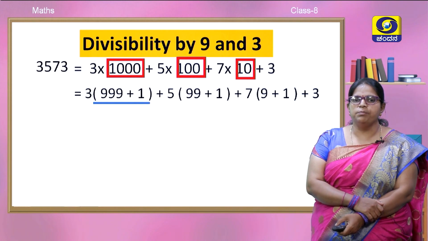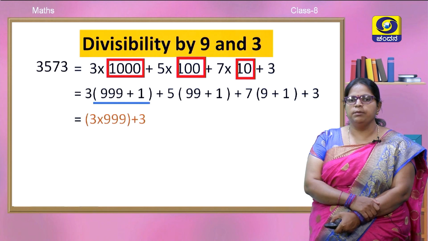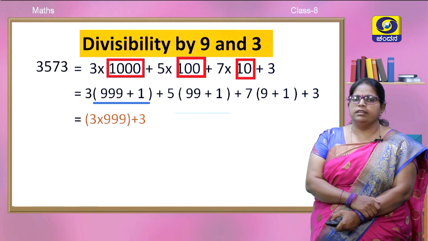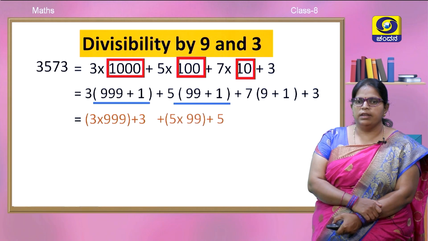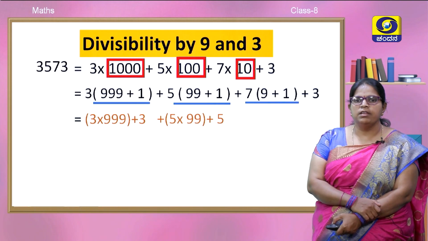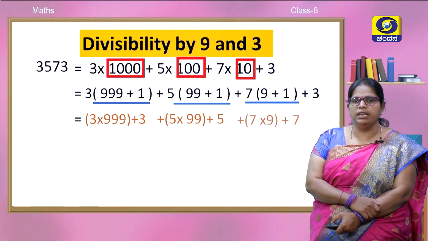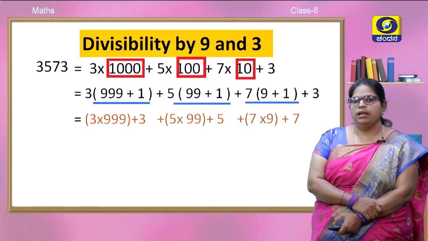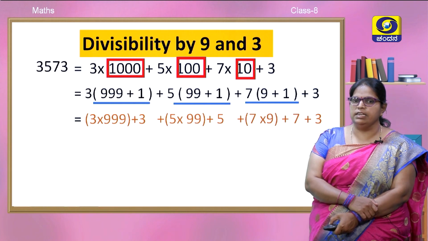The first term becomes 3 into 999 plus 3, and the second term becomes 5 into 99 plus 5, and the third term becomes 7 into 9 plus 7, and the last term write it as it is, plus 3.